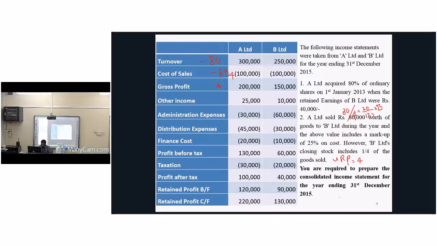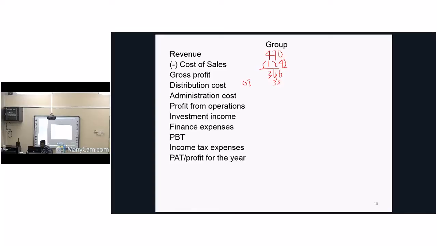Everything together 195. No investment income this. 195 all expenses. And profit before tax will be 186.